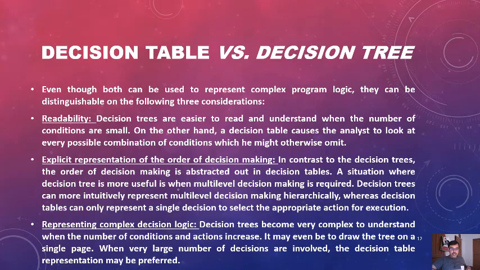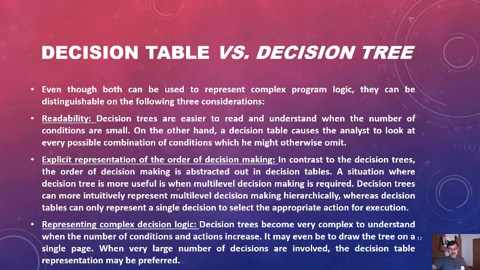Decision trees can more intuitively represent multi-level decision making hierarchically, whereas the decision table can only represent a single decision to select the appropriate action for execution. Each and every column of the decision table gives us each and every rule.